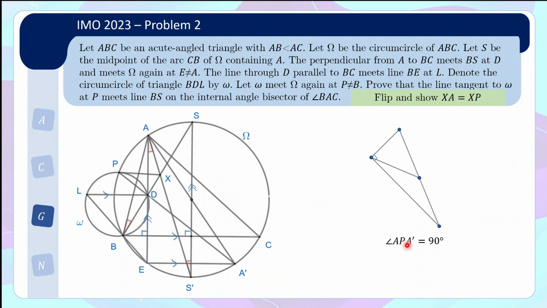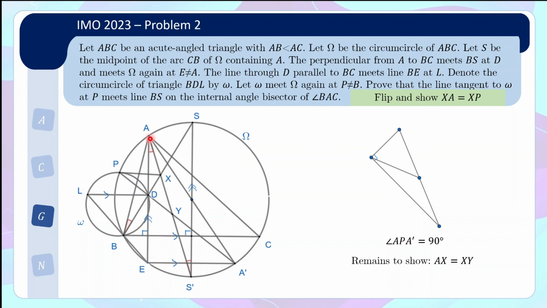And in this case, we do have AP to A prime. This is a right angle because A prime is a diameter. So our funny looking triangle here is actually APY.